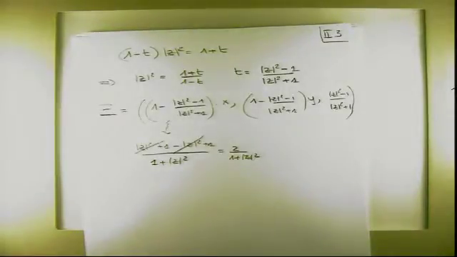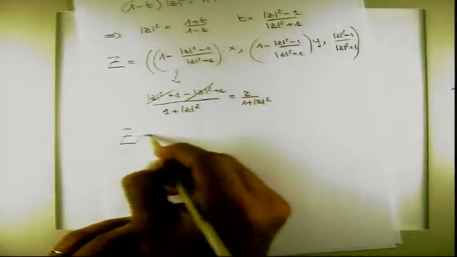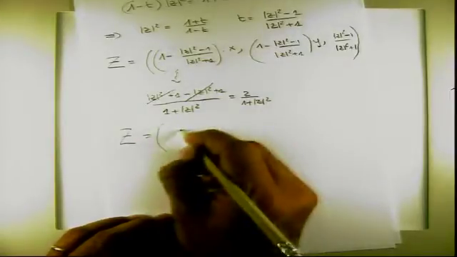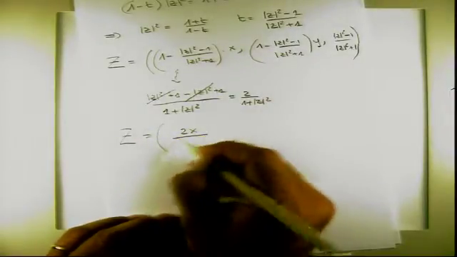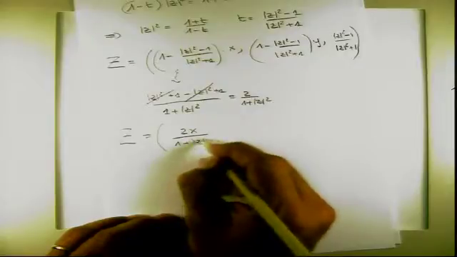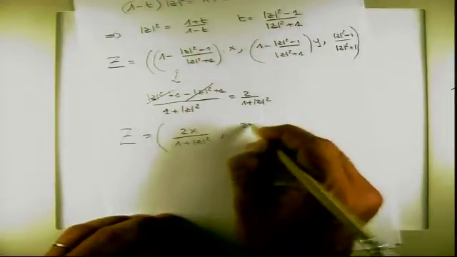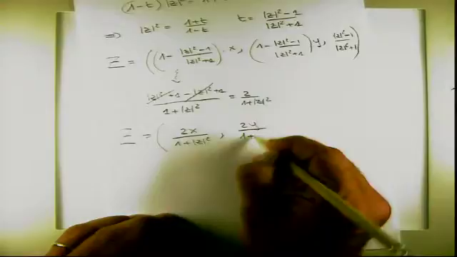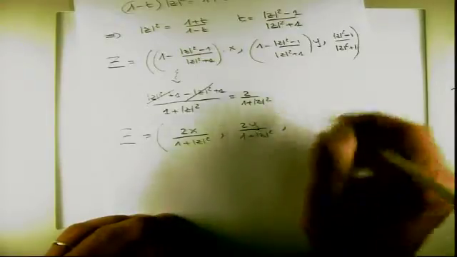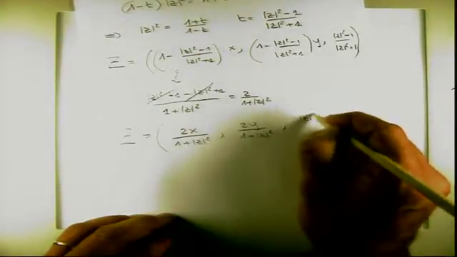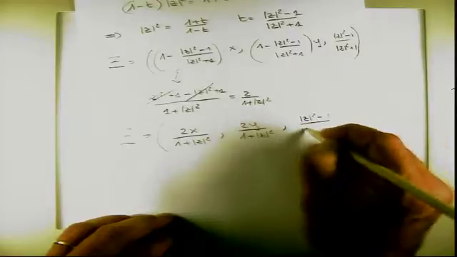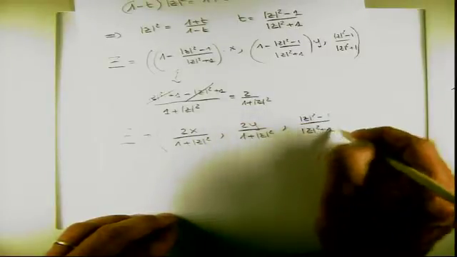Okay? In other words, capital Z is 2x over 1 plus modulus of z squared, 2y over 1 plus modulus of z squared, and modulus of z squared minus 1 over modulus of z squared plus 1.